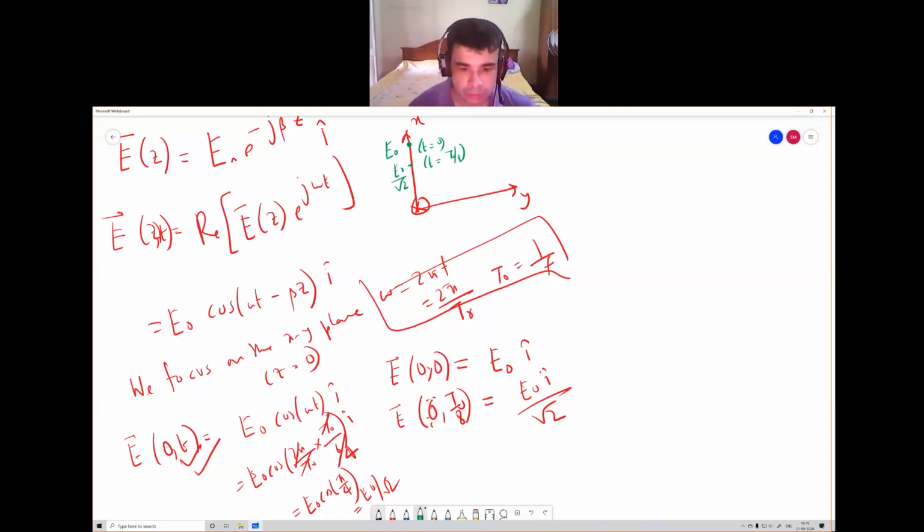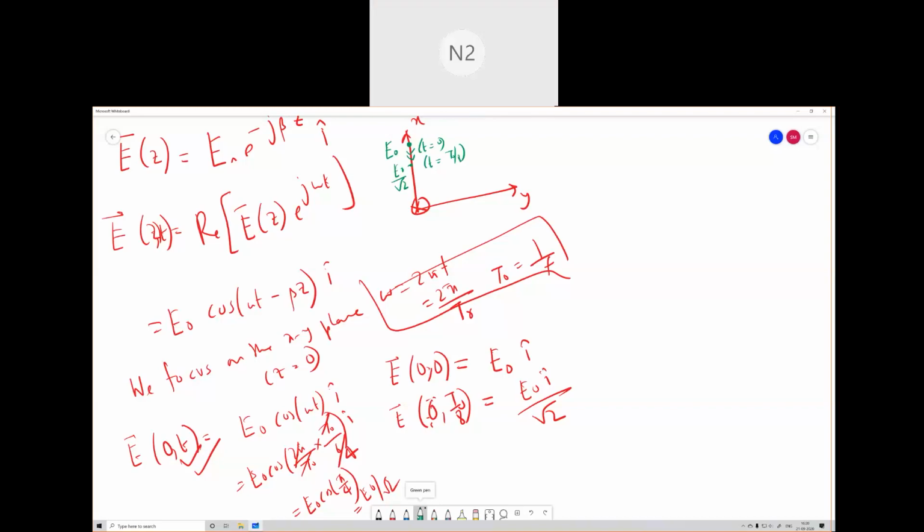Now tell me what will be. As t is moving, this value of E is moving in this direction. It is going down. As t is increasing, the value of E is going down. Agreed? Yes, sir. Okay. Now tell me what is the value here.